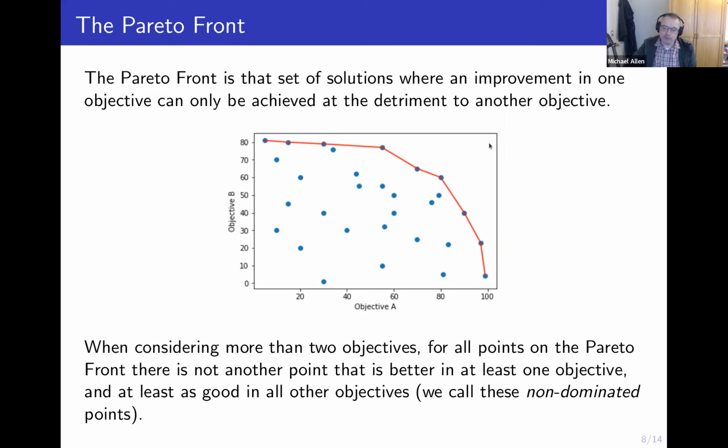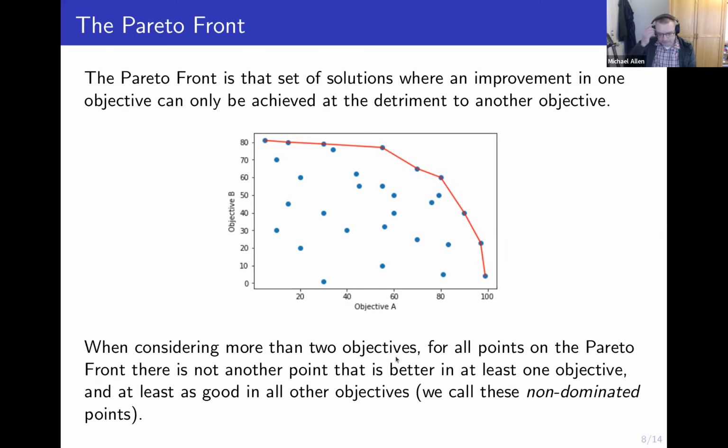We want to get in this corner here, but we can't, because as we adjust one, the other one falls. But we're interested in what's the best possible range of solutions here. And then that can be used to provoke more discussion about, okay, what trade-off are you willing to accept? But here is the trade-off. This is in two objectives, but we can do it in more objectives.